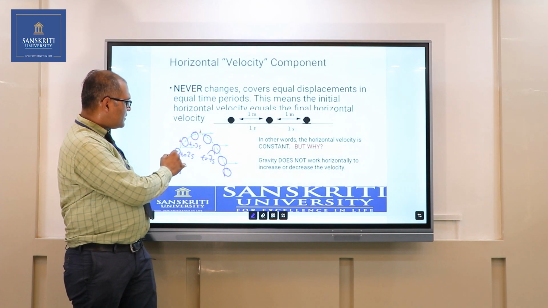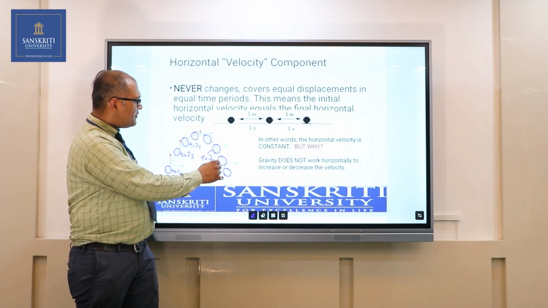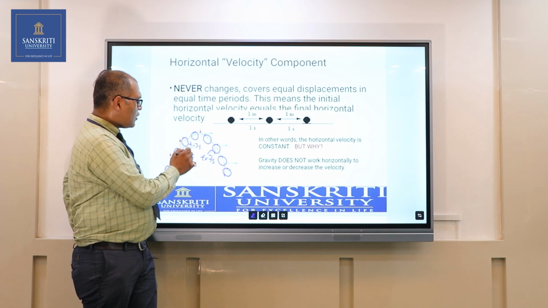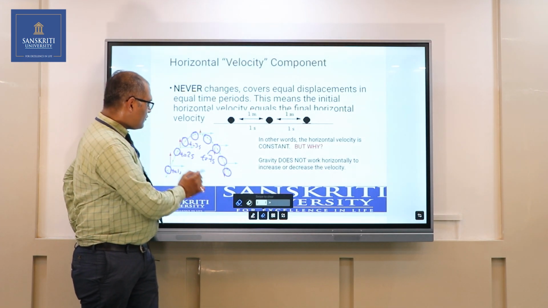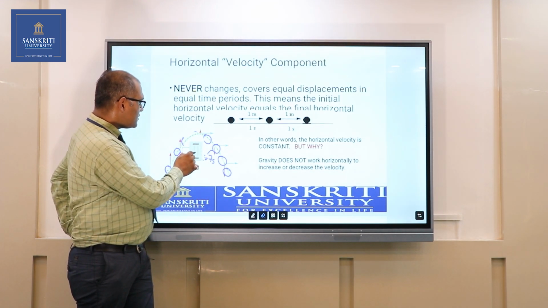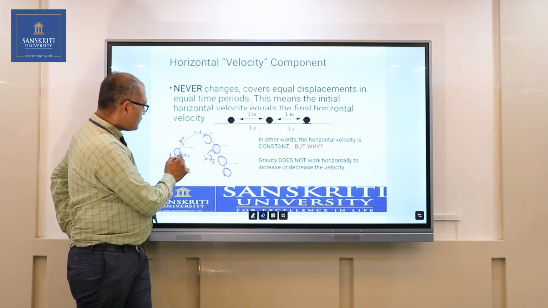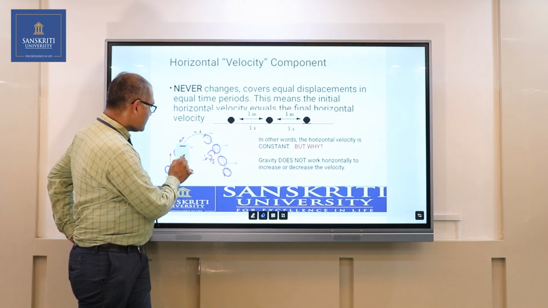This is the position of the ball at different time instants. Now we will see one particular time instant. For the sake of clarity, I'm deleting the rest.